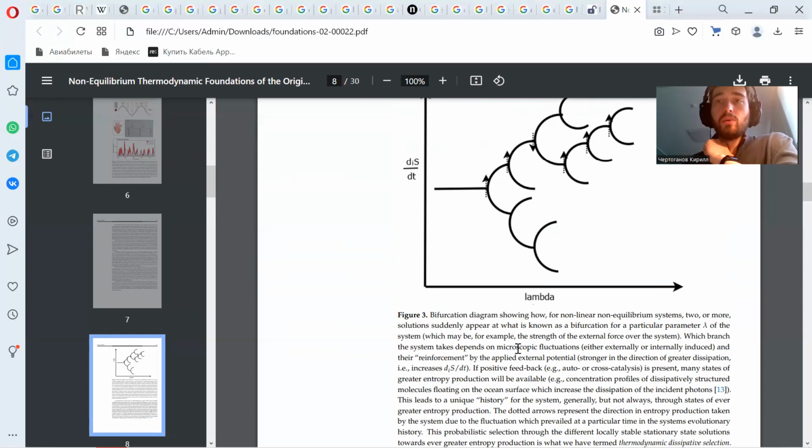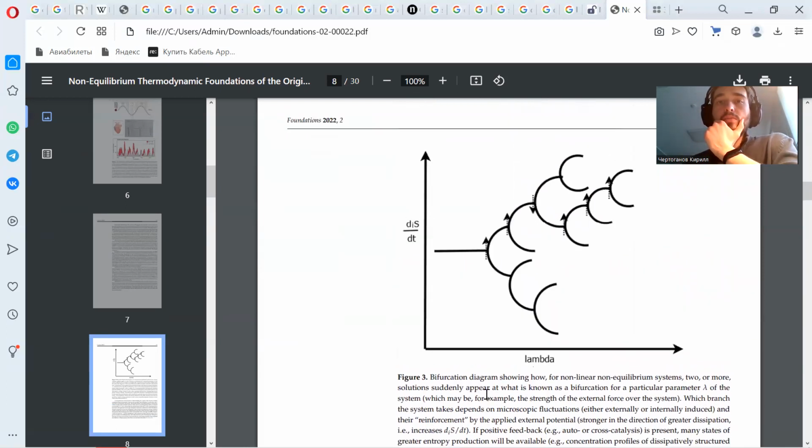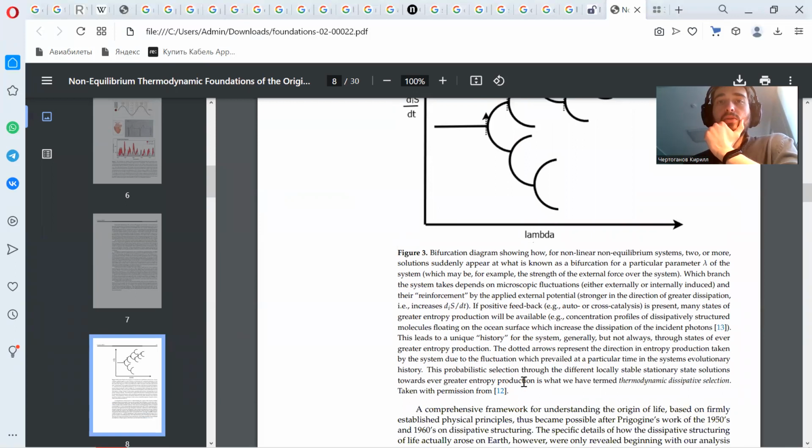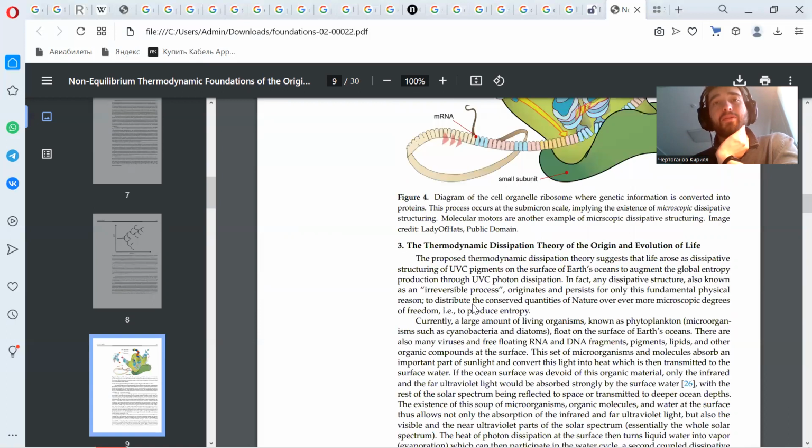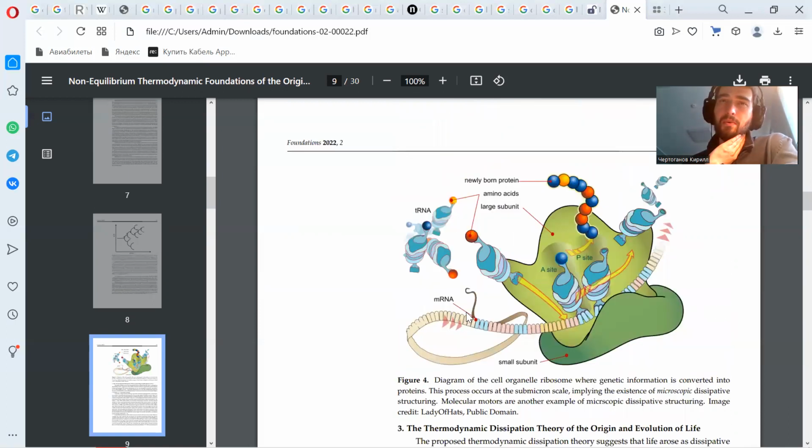So which branch the system takes depends on microscopic fluctuations and positive feedback. So this is a little bit interesting because of probabilistic selection. This is changing our entropy, and this is another parameter.